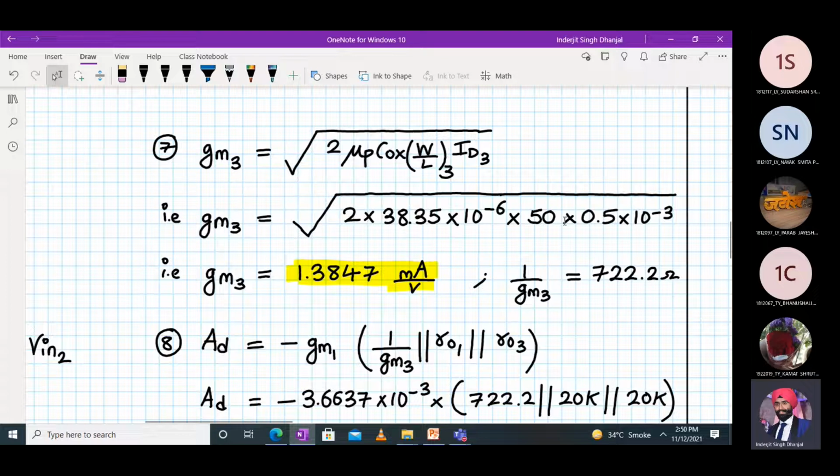Remember W by L of 3 is 50, not 100. ID3 is 0.5 milliamperes and mu P Cox is 38.35 into 10 raised to minus 6. So GM3, please confirm this value so that I can proceed. Is it 1.3847 milliampere per volt? Yes.